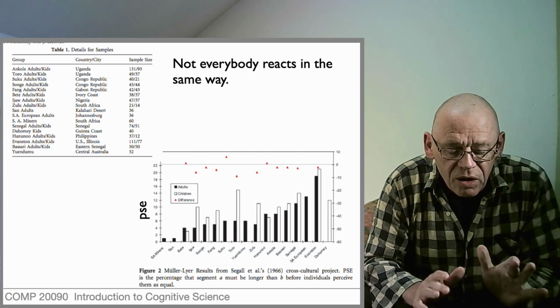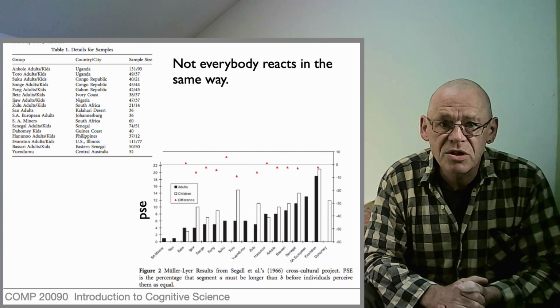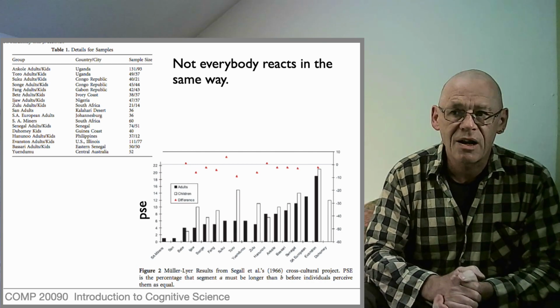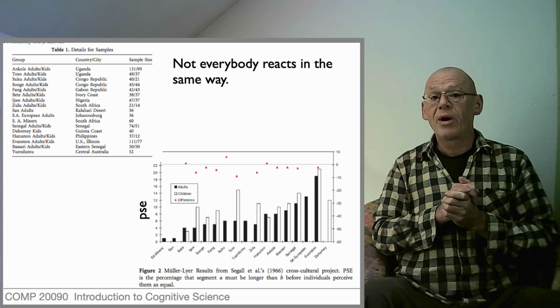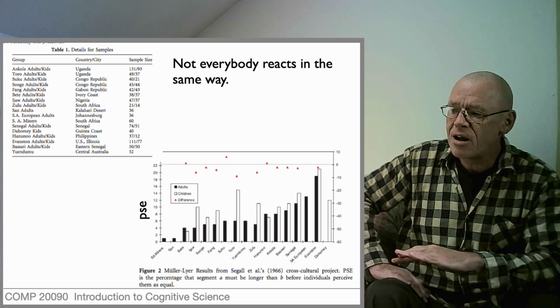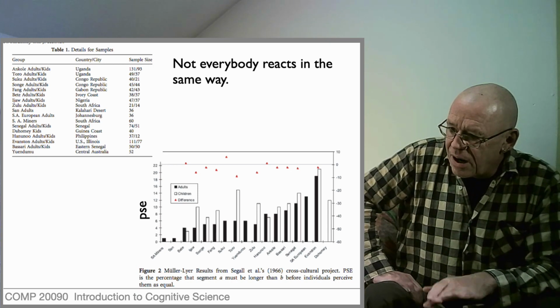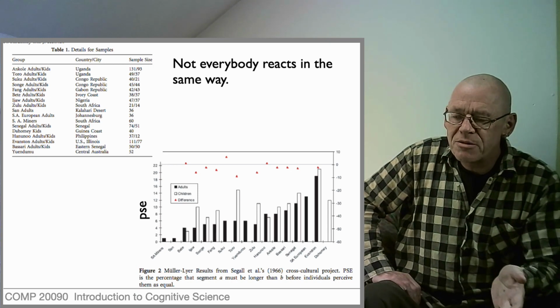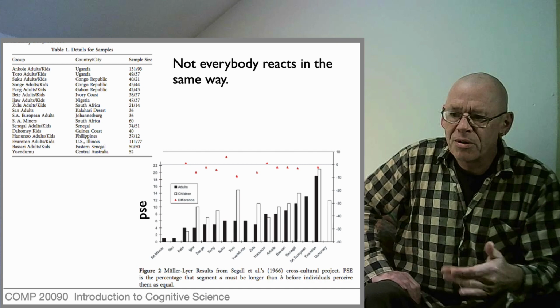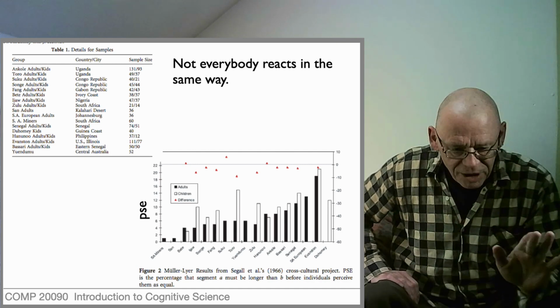Now, the state of Illinois, the US contribution to this, those are the standard subjects used in psychology experiments. These were at Northwestern University in a suburb of Chicago, and they are typical of the kind of person who takes part in psychology experiments, but they're not at all typical of human beings.